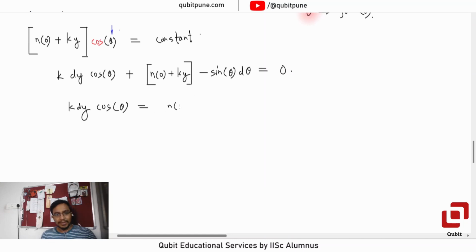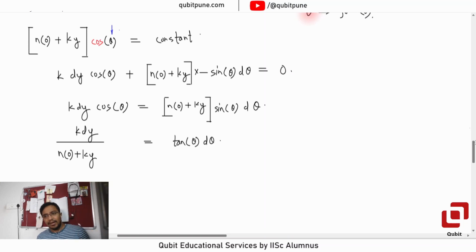So it will be n0 plus ky into sin theta d theta. Bring n0 plus ky here. Bring sin theta there, cos theta there, send it there, so it will be tan theta d theta.